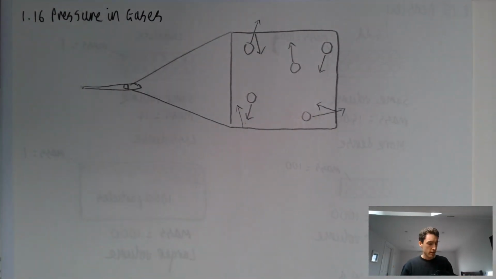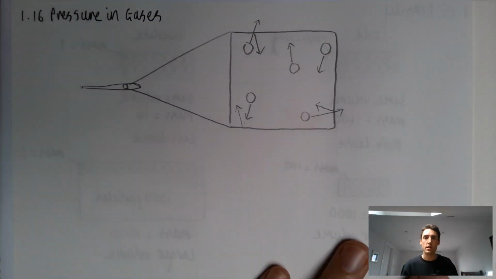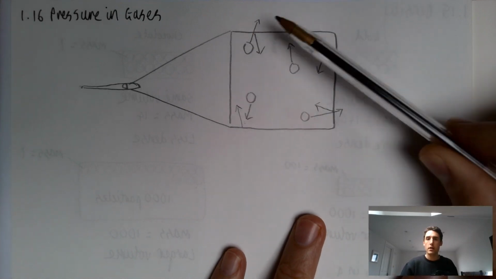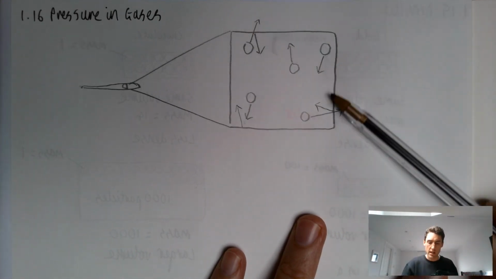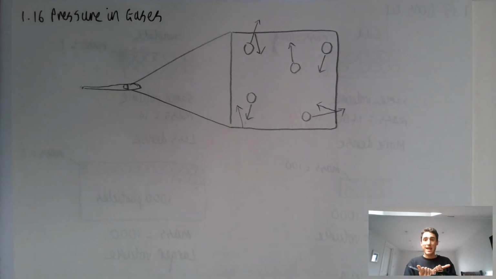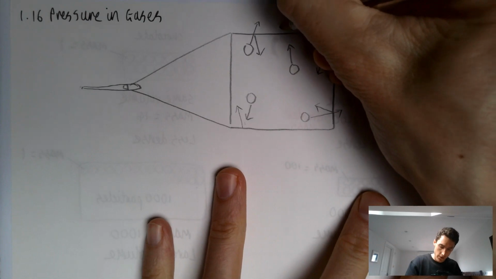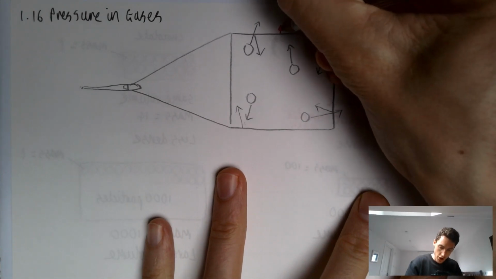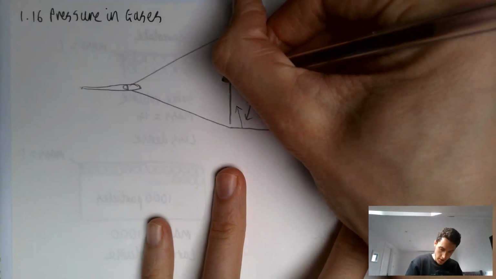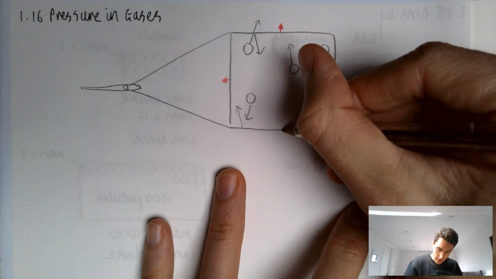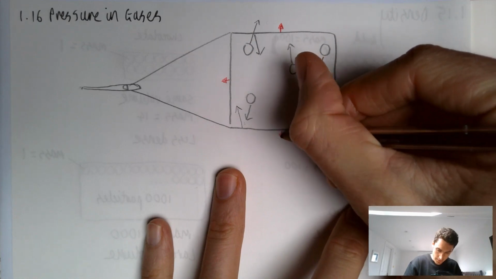As these particles move around randomly inside their container, they exert an outwards force on the walls. So I'm going to draw a little arrow like this to show that, because there's not all that many of them, they give a little push outwards like this.